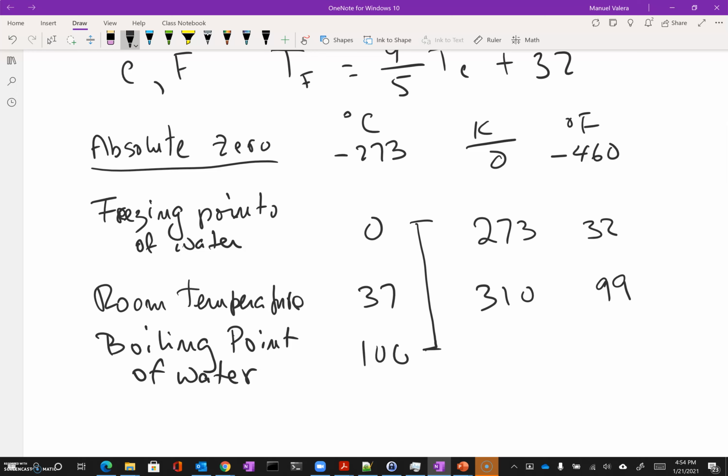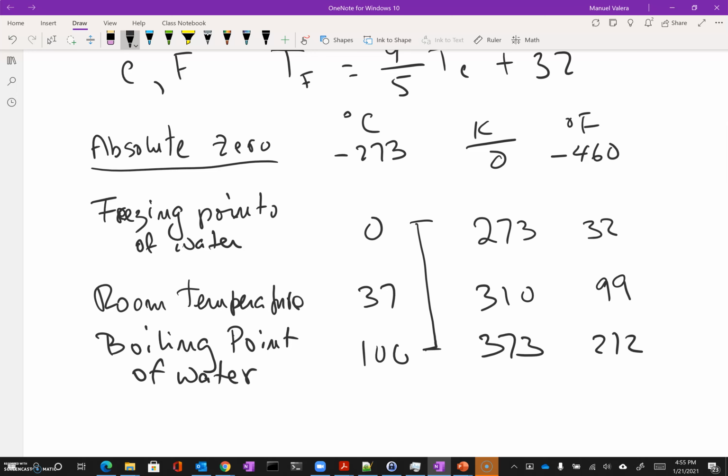Then you have 373 Kelvin, I got that wrong earlier, and 212 Fahrenheit. So those are temperatures that you need to remember.